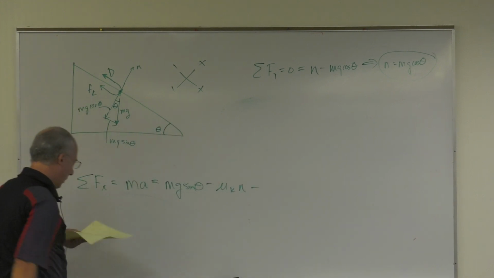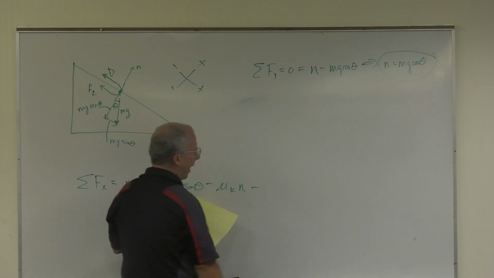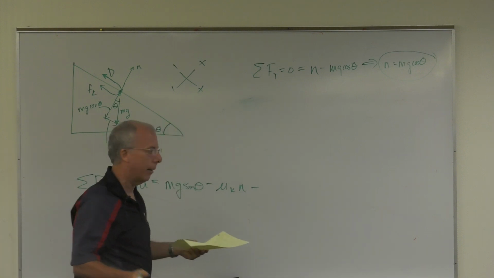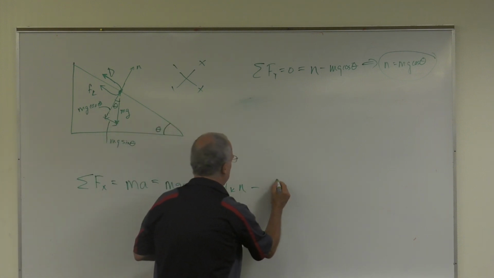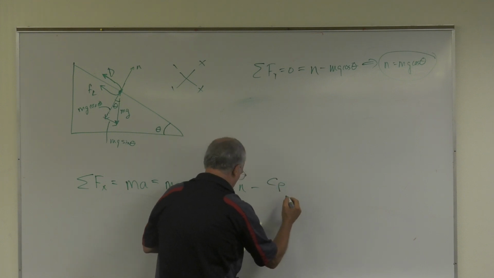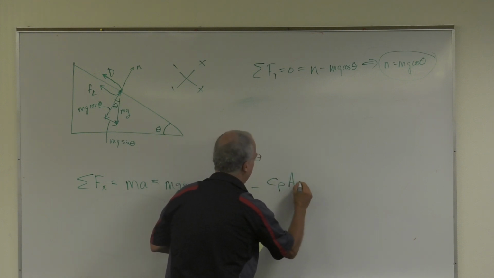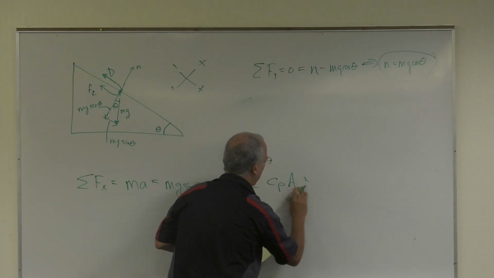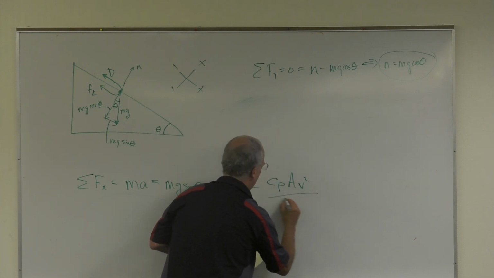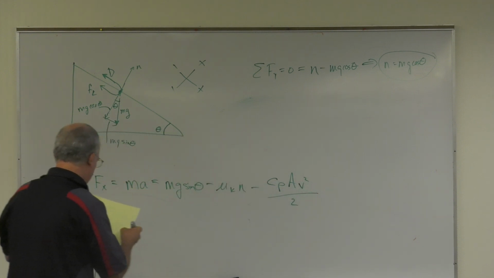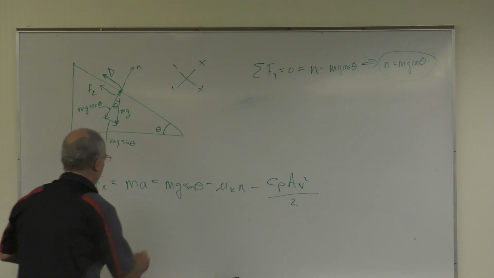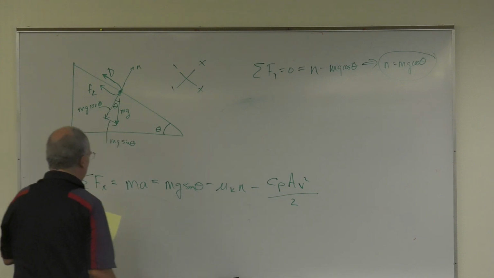The drag. So the drag, I don't expect you to memorize the equation for the drag, by the way. So the drag is c rho A v squared over 2. Okay? All right. So let's work it. We're trying to find a.